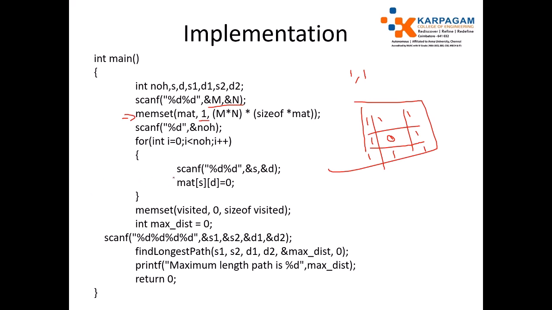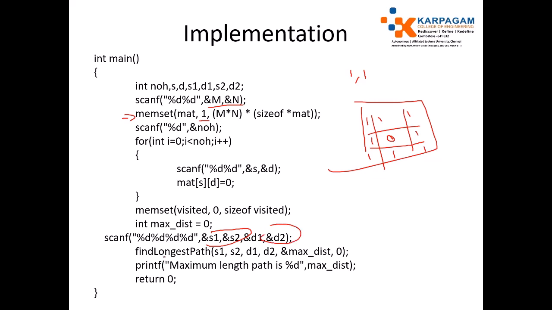You have to set all the hurdles and set the visited array to 0. Next, set the maximum distance, initial maximum distance, to 0. Finally, you have to mention the source and destination. From the source we have to start and reach the destination here.